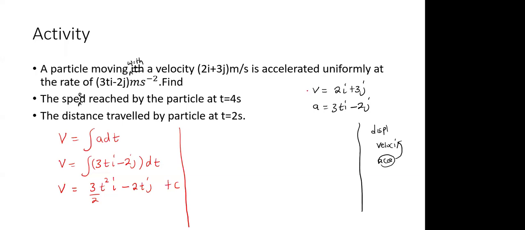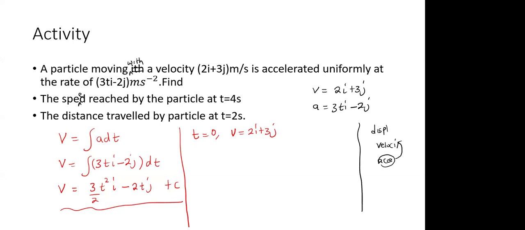Now, from that point, you ask yourself, they want me to obtain speed. But initially, when this particle was moving, it means that your time will equal 0, and initially this particle was moving with a velocity of 2i plus 3j. So we come to the equation we have formulated.